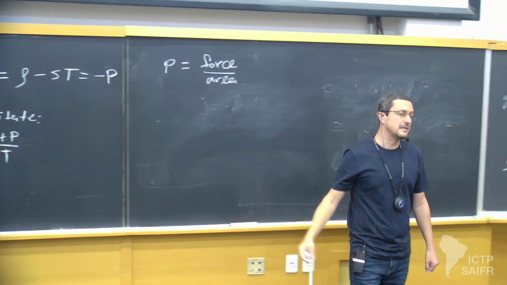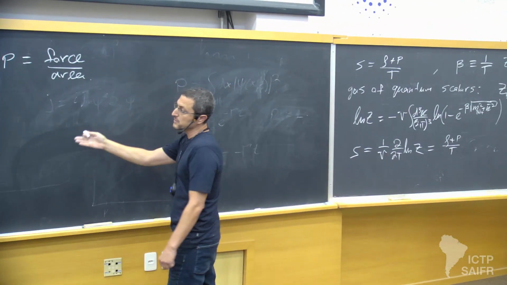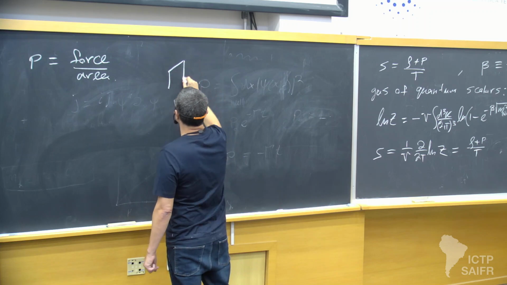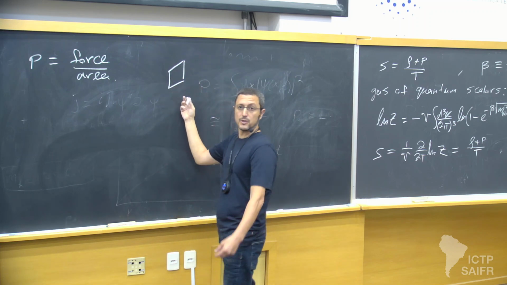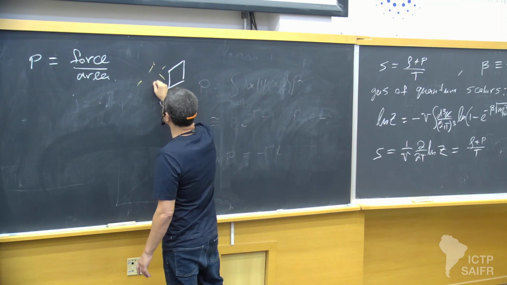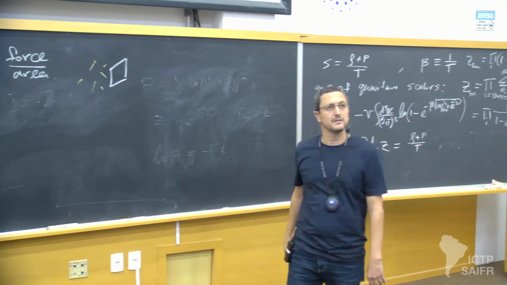This is all it is, and this is what it is for our gas. Let's compute it. So the force is, of course, the same on any of the sides of the box. Let's compute it on one of these sides of the box. So what will happen in the box is that particles are flying around in all directions. Let me draw this like their velocity vectors.